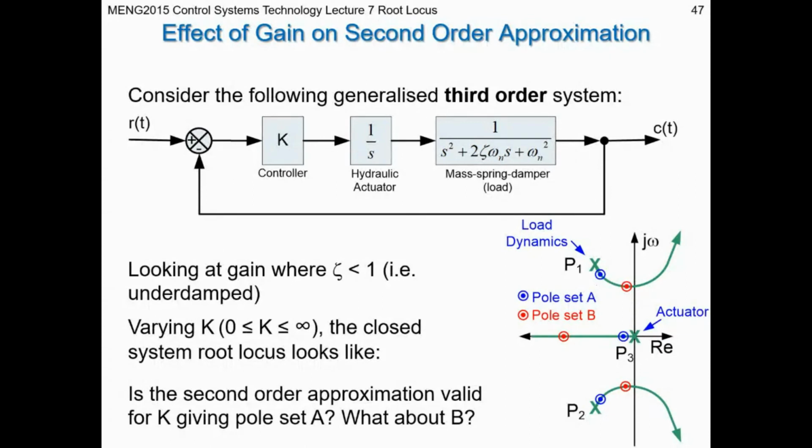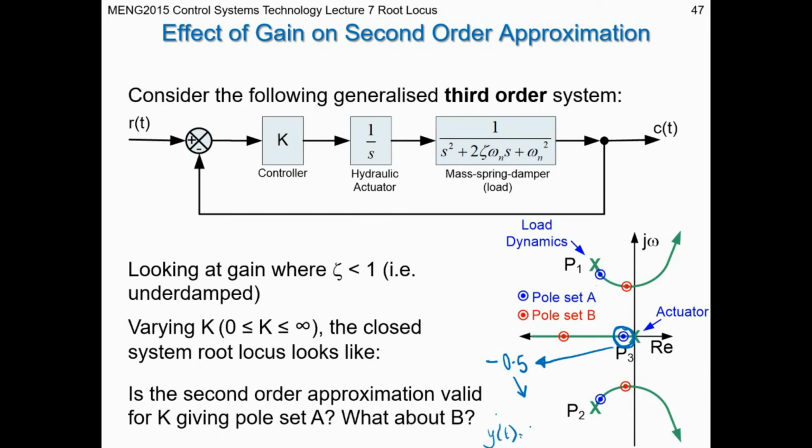Well, not really. So for pole set A, you can see that the root which is closer to the imaginary axis is this one. If this is closest to the imaginary axis, say it's at minus 0.5, right? So this closed loop root is going to correspond to a term in our output, e to the, say, beta t. Sorry, let me draw this in a slightly better place.